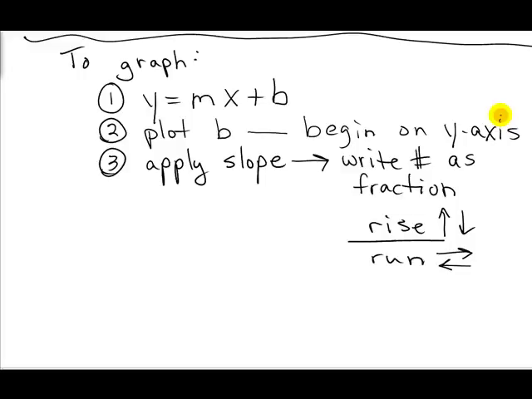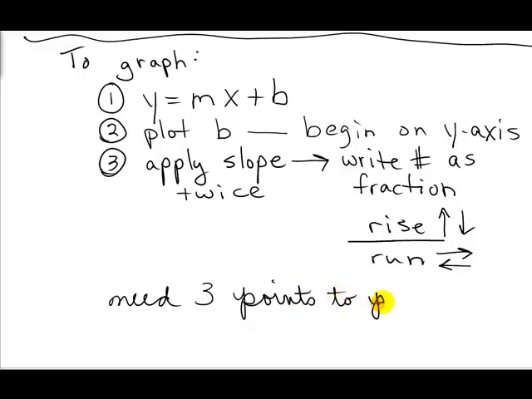Then you want to apply the slope, and we're going to have to do that twice because we need 3 points. I'll need to prove straight line, so I'm going to come in here and put straight line. Okay.